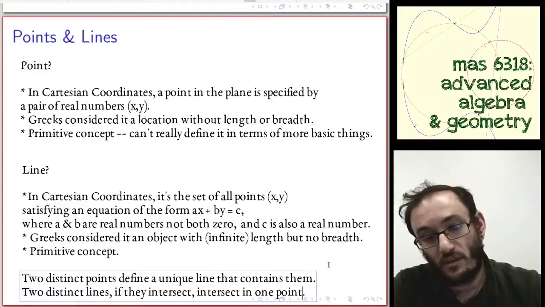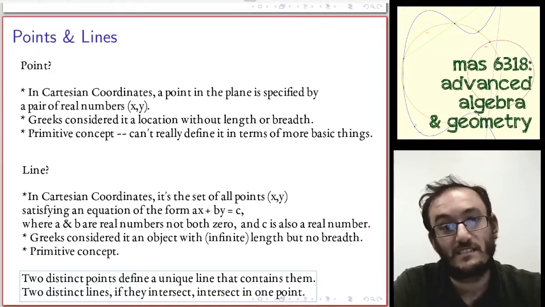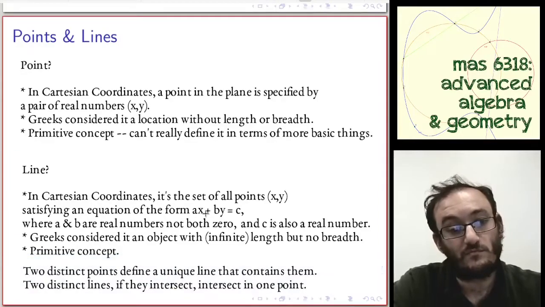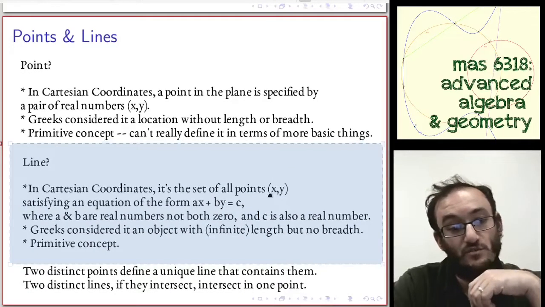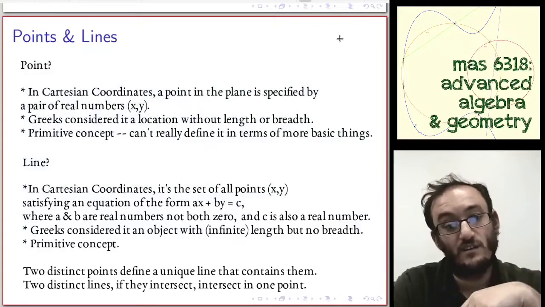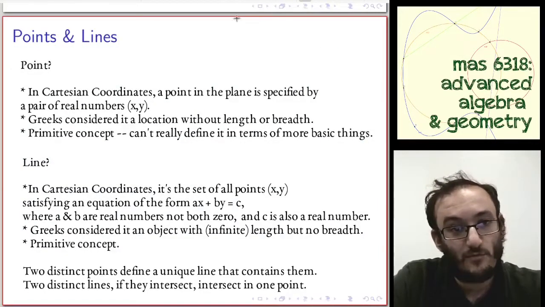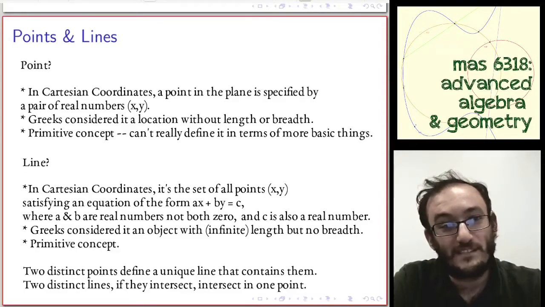Obviously you could have the same line twice that intersects in a lot more than one point, but two lines that are actually distinct will intersect in one point. So that's a lot of words about points and lines.